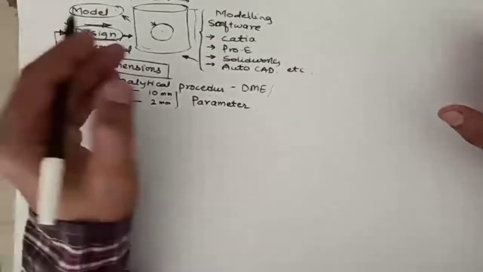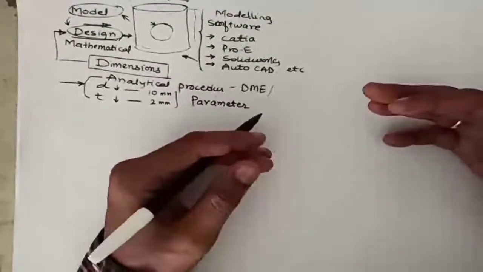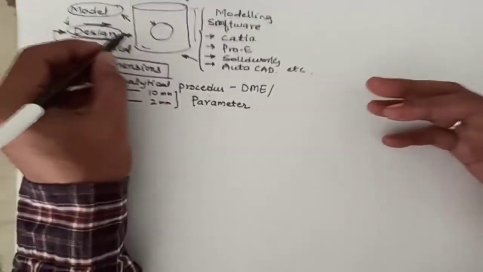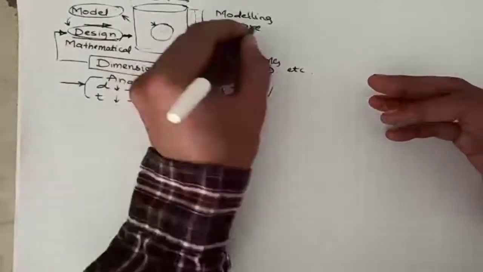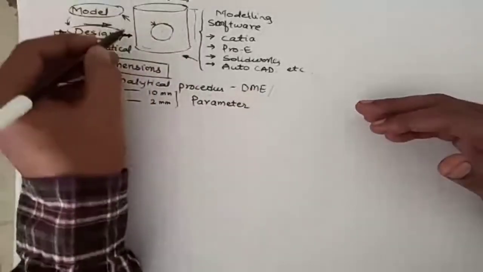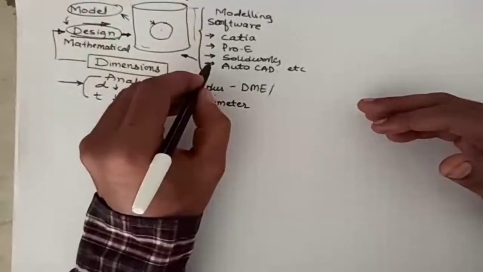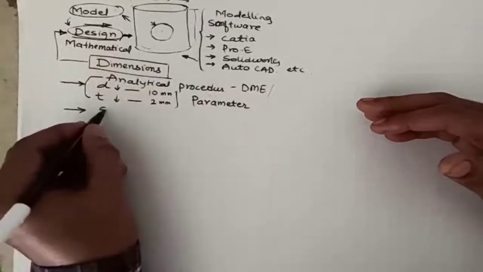So design should have mathematical calculation and an analytical procedure. Then we call it the design model, completed using any of these softwares. Once the design or the model is created, the next procedure is selection of the material.